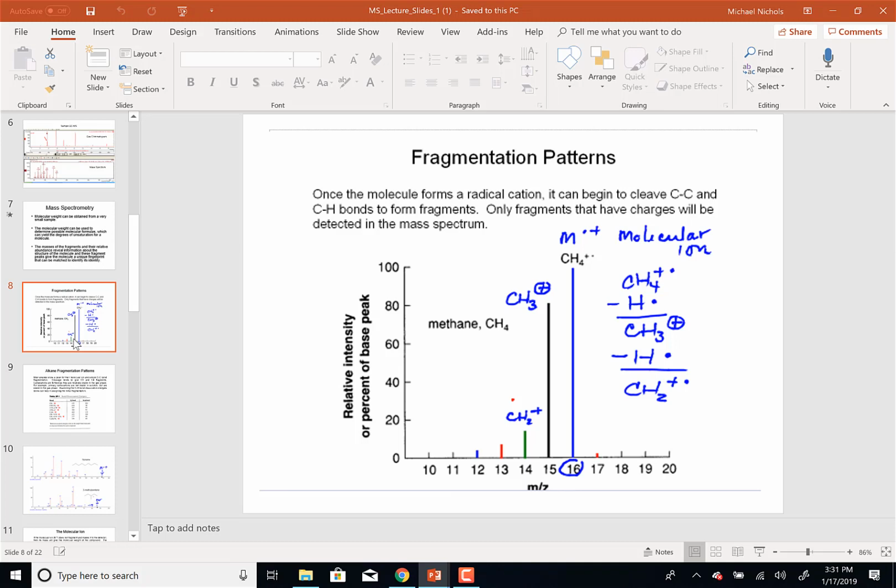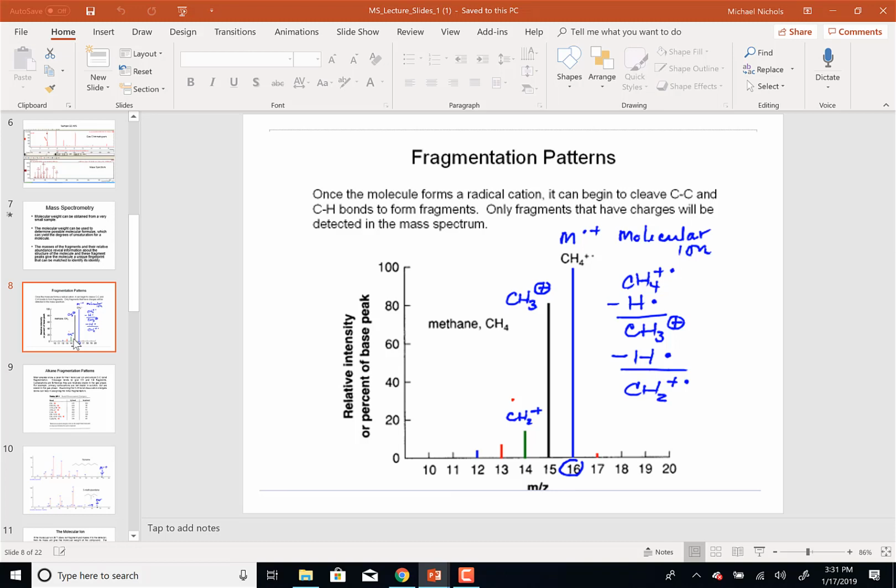And the way it breaks down is, how about that, the CH4 dot plus loses a hydrogen atom? Well, if it loses a hydrogen atom, that leaves it as a CH3 plus. If primary carbocations are bad, CH3 pluses are even worse. But yet I still wrote it. Oh, and it's there. So this mass spec is a totally different ballgame.